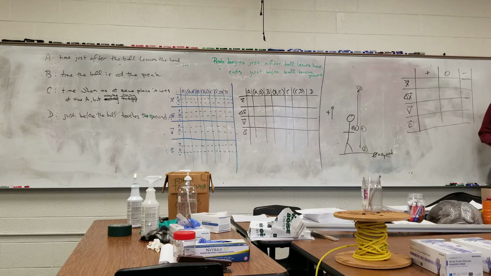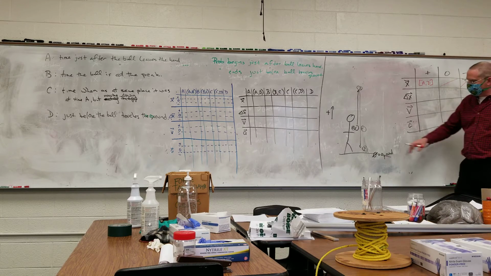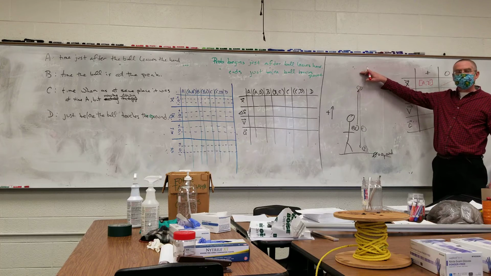From A to D. Yep, the entire time. It's never 0, never negative. So it's like you have a number line here, with zero here and positive numbers going that way, it's on the positive side all the time.